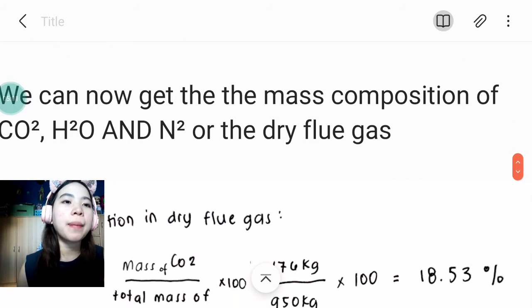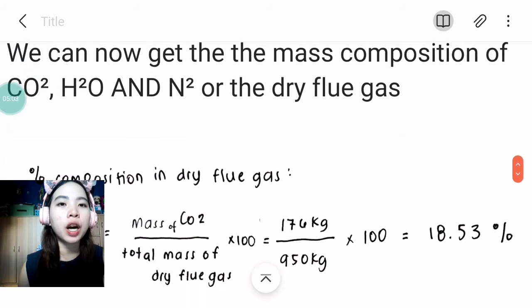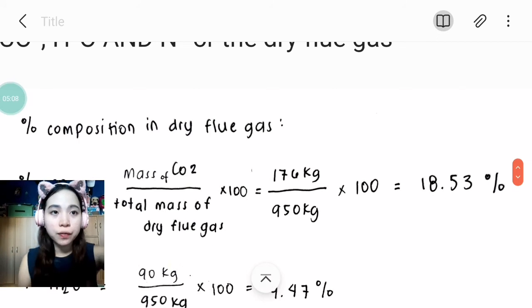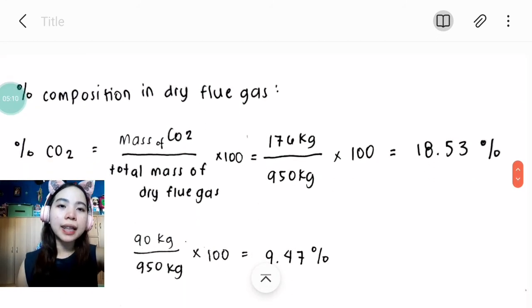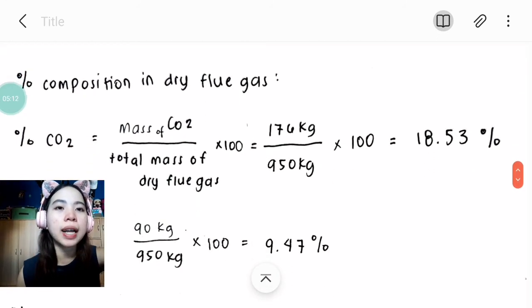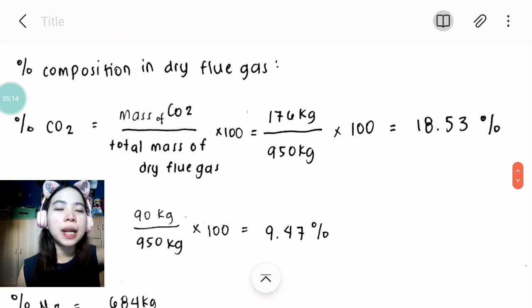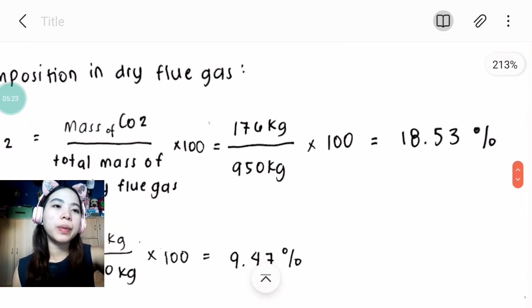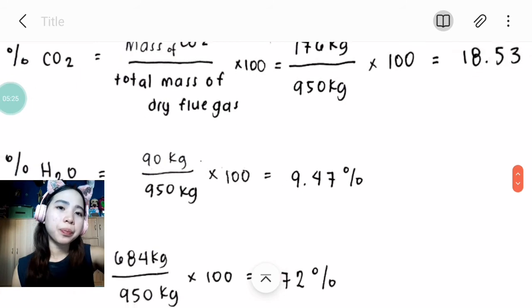We can now get the mass composition of carbon dioxide, water, and nitrogen, which is our dry flue gas. To get the percent composition in dry flue gas, we divide the mass of carbon dioxide by the total mass of dry flue gas multiplied by 100. This equation will be equal to 18.53.